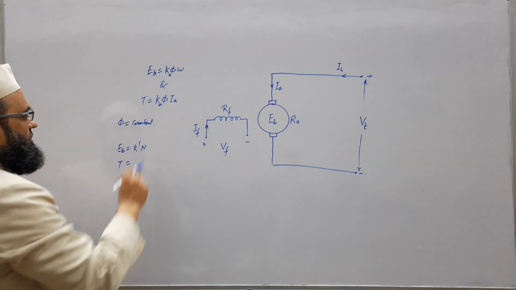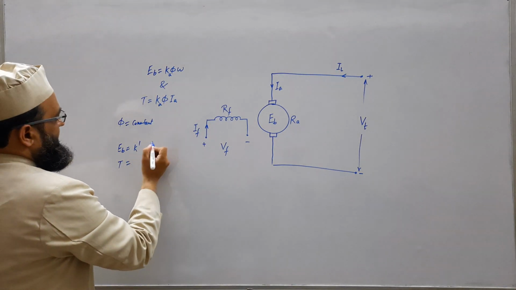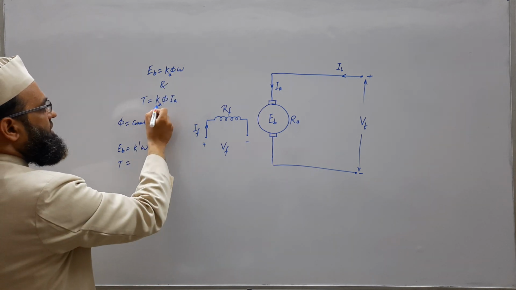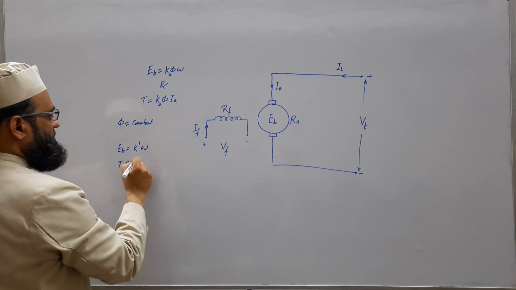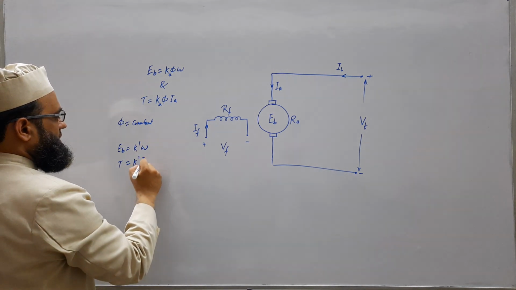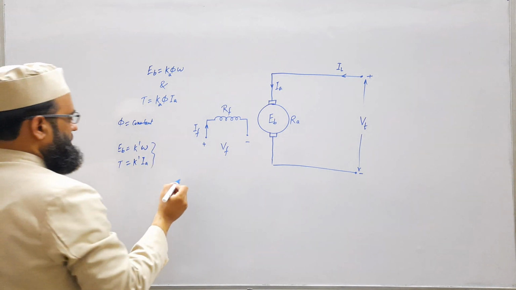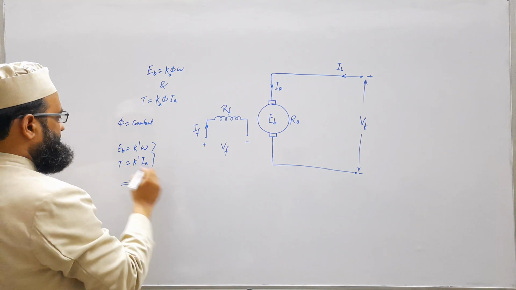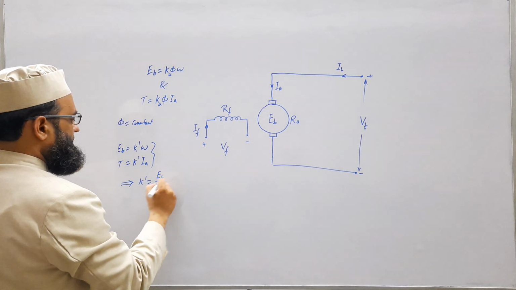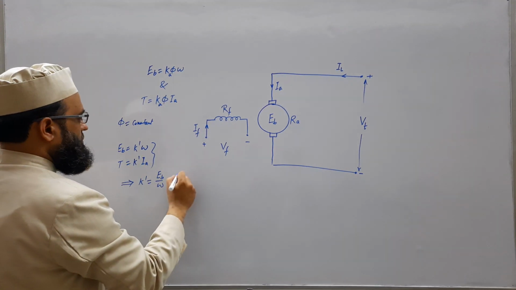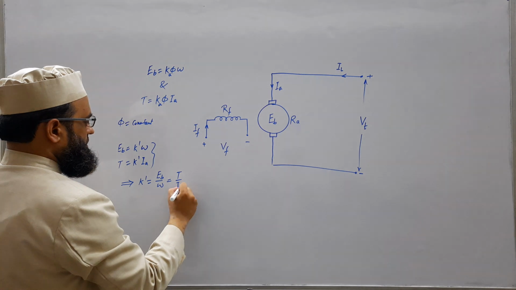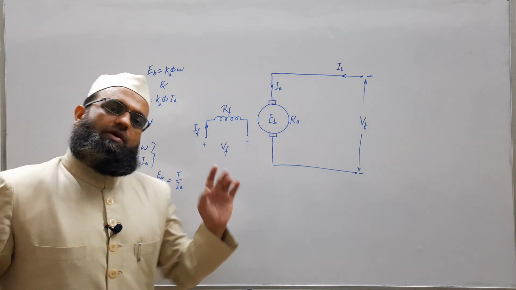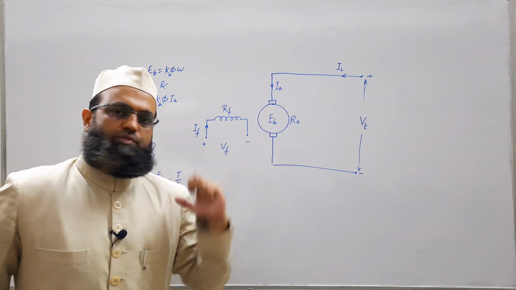So write K dash omega for EB and some other constant, this constant into this constant, same constant K dash times Ia for torque. From these two we may write K dash is equal to EB upon omega is equal to torque upon Ia. This was already discussed in our capsule number 3, you can revise from there.